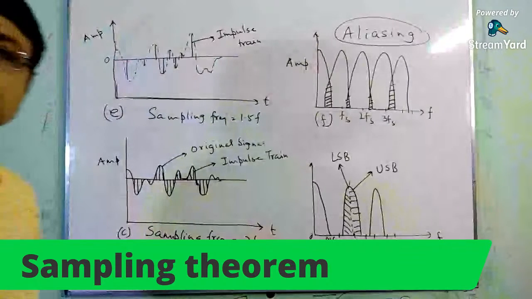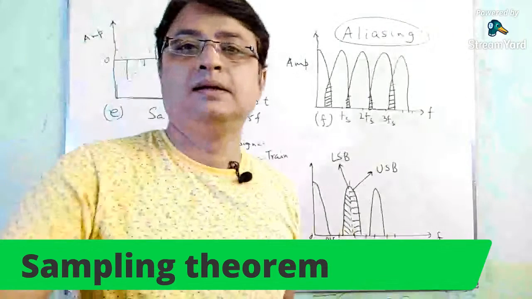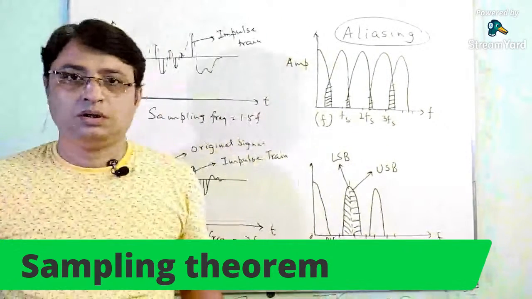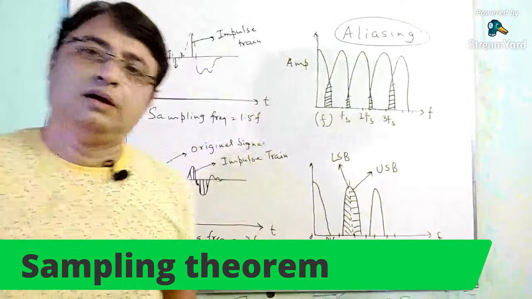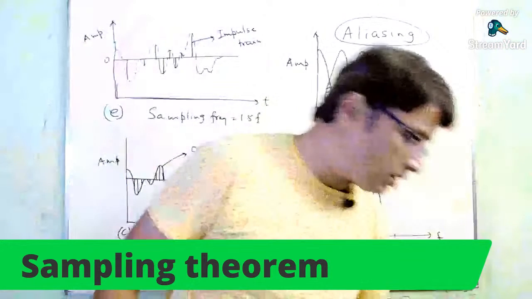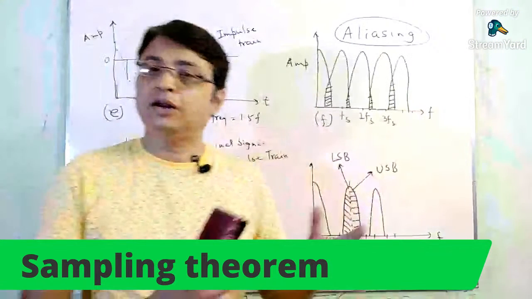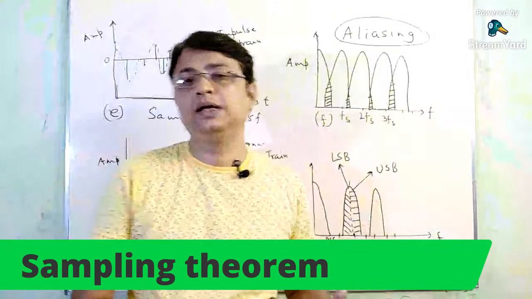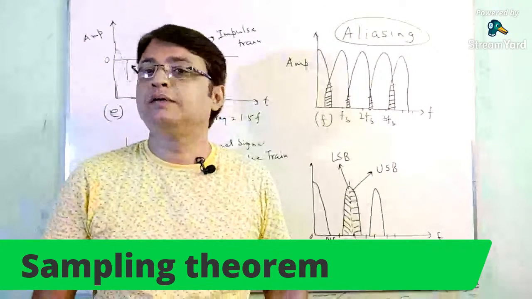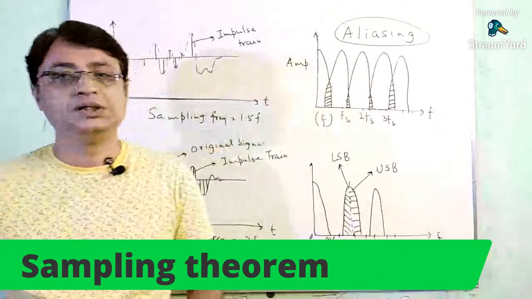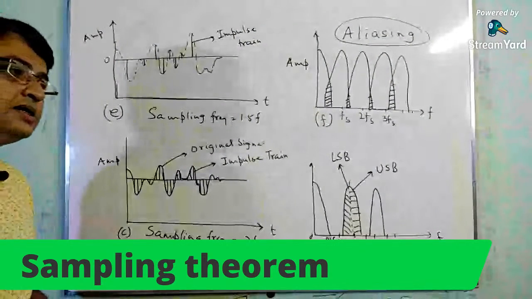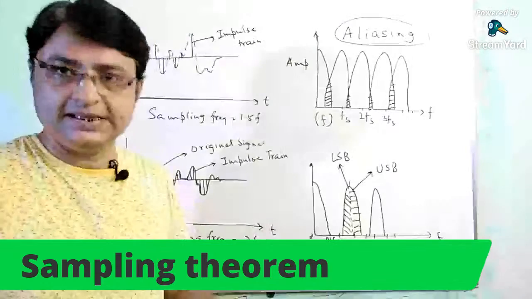Now let's move further. We have sampled the original analog signal according to the sampling theorem, so now we have in our hand some discrete values of a signal.